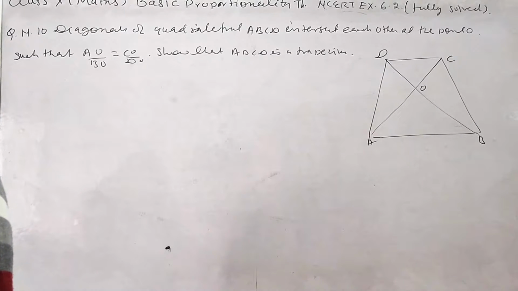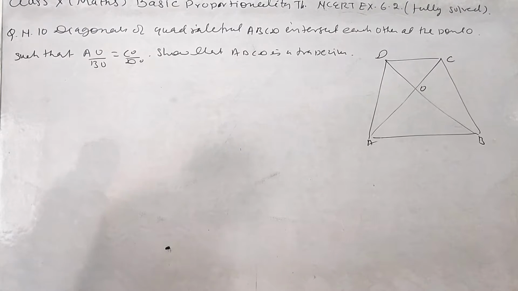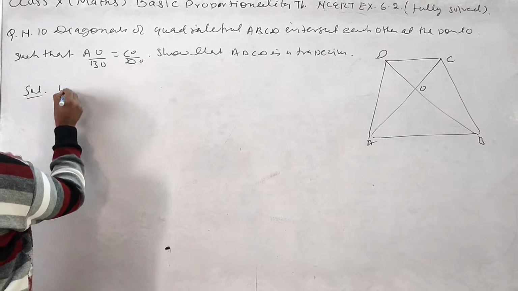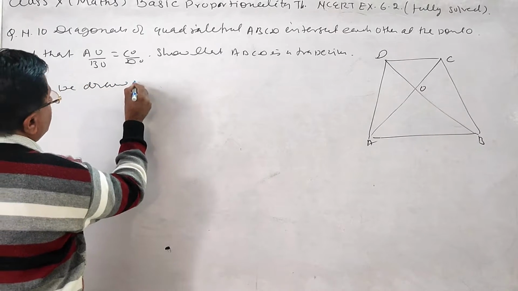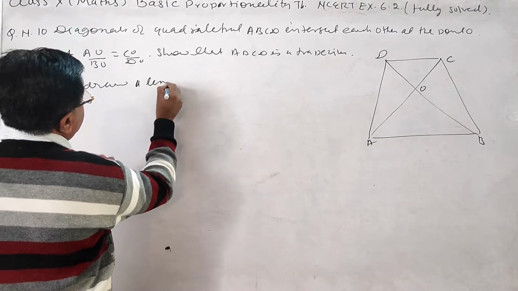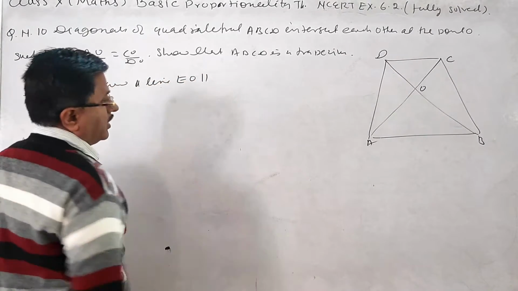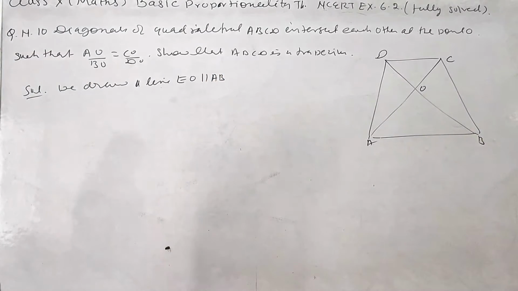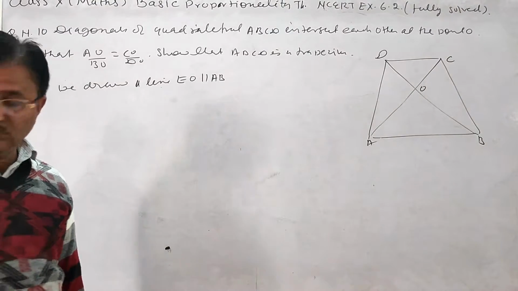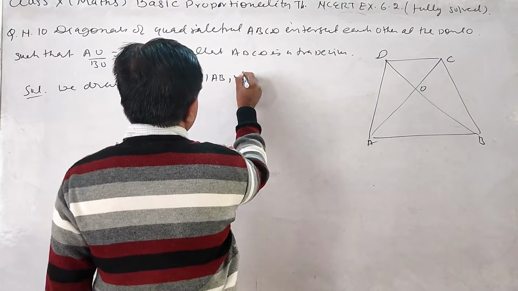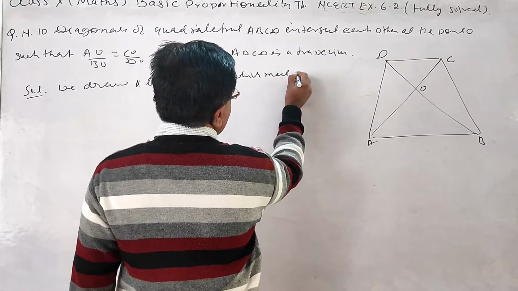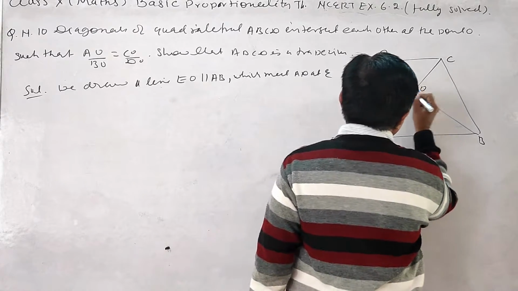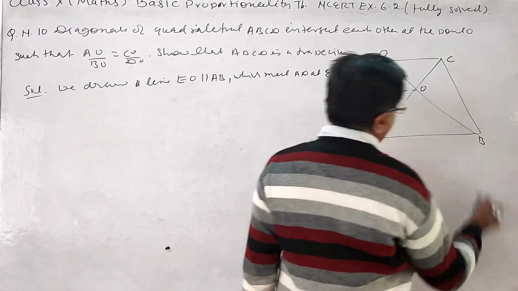So again here we have a construction. In the solution, we draw a line EO which is parallel to AB, meeting AD at E. So this EO is parallel to AB.